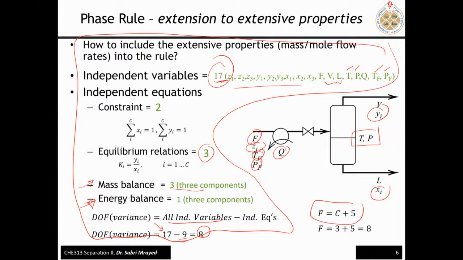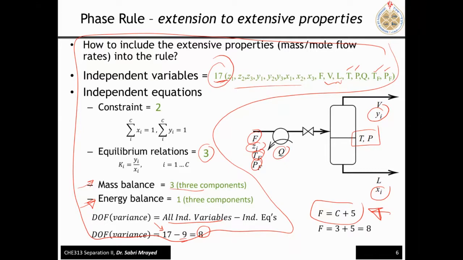Then why am I insisting on this one? In some cases you have a more complicated system in which that will not be a valid equation. So I personally never use F equals C plus 5 or F equals P minus 2 plus C. Whenever I need to determine the number of degrees of freedom, I usually use the traditional method, which is based on counting the number of variables, whether they are only extensive or intensive or mixed, and the number of equations that I can generate.